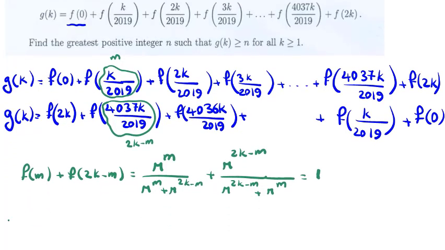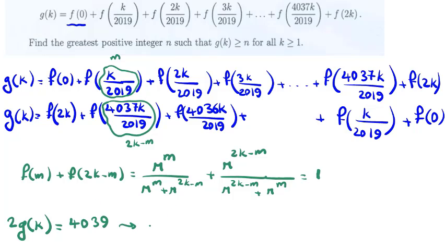So we understand each pair will be 1, 1, 1, 1. How many terms do we have? 0 times k, 1 times k, 2, up to 38 times k. So 0 to 38 will be 39 terms.